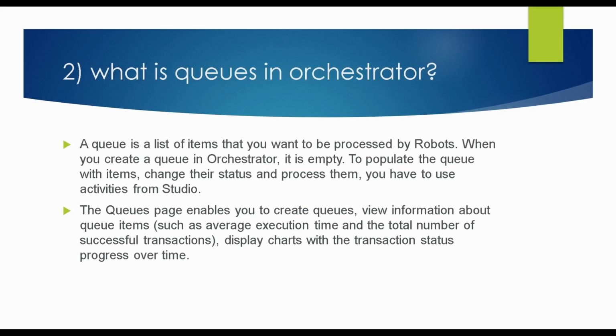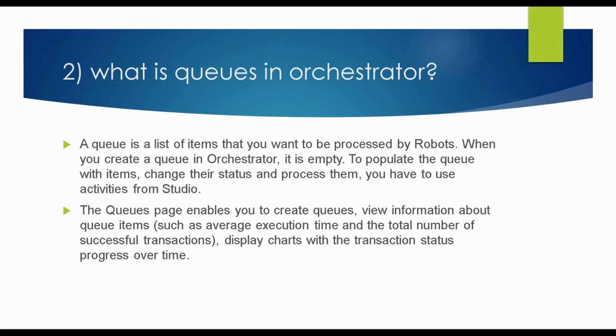From there, suppose you have 5 robots configured in 5 machines, you can assign these queue items to these 5 robots, and these 5 robots will dynamically get the transactions from the queue and progress them.